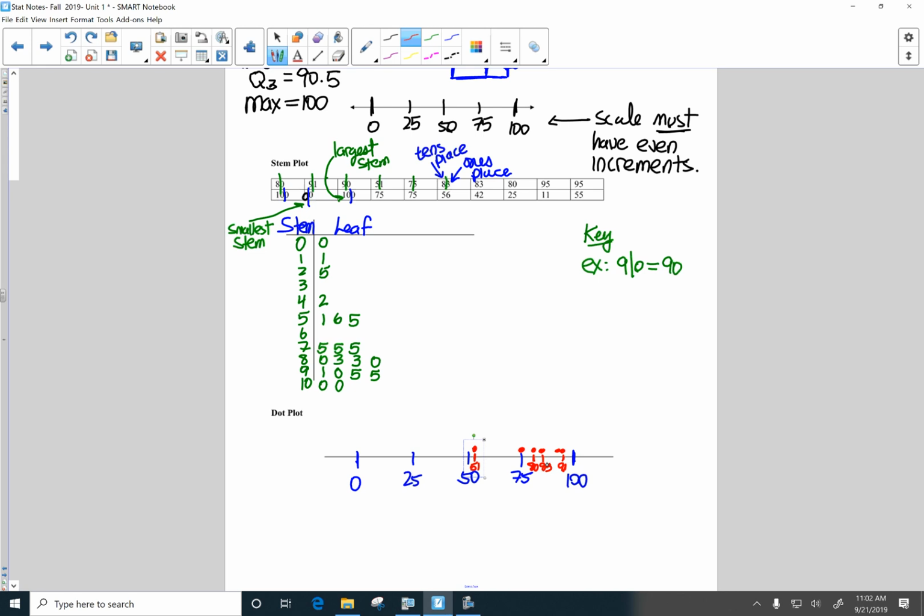All right, and there's two of them, so I get another dot. Then I go up, I got another 80, so another dot for the 80. Let me get rid of the stray marks so you don't think there's even more dots.